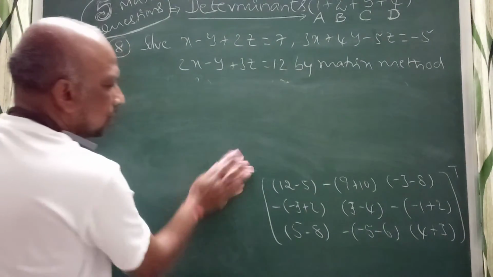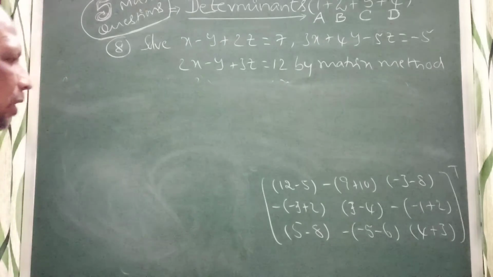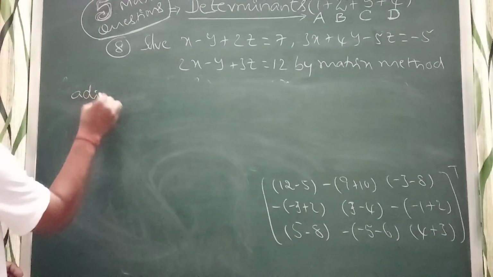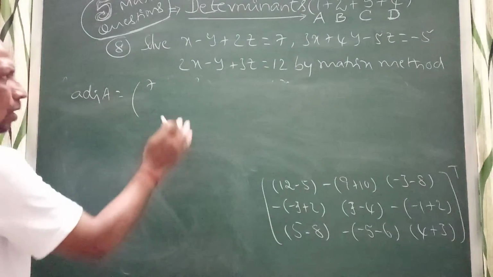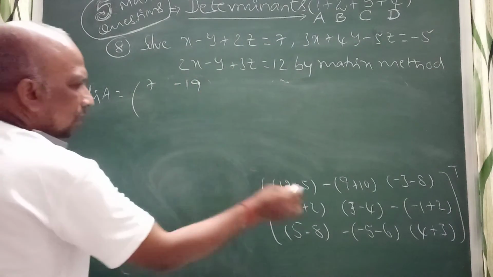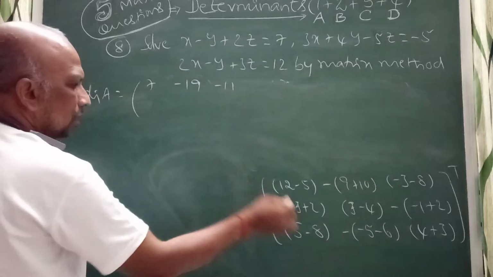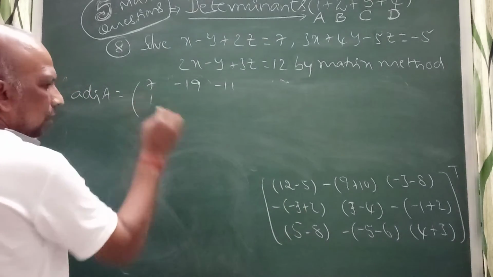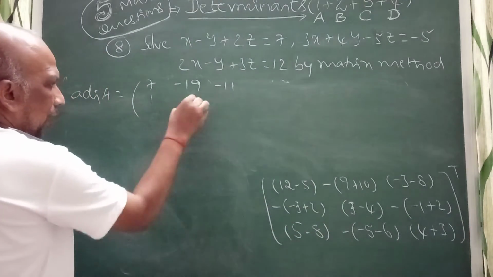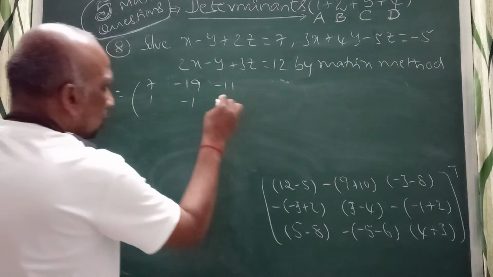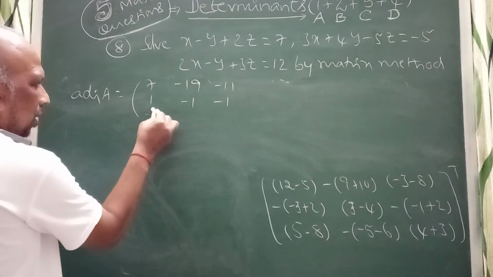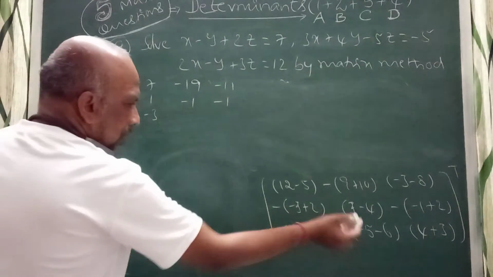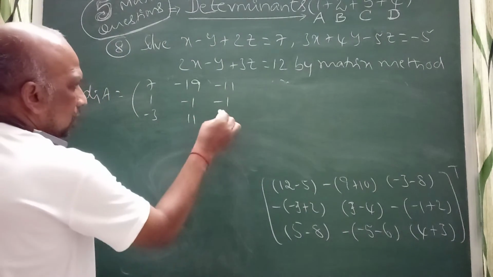After writing this, I can write the adjoint of A matrix. I can write this is 7, minus 19, minus 11, this is 1, and 3, minus 4 minus 1, this is also minus 1, right? Now this is minus 3, 11, and this is 7.